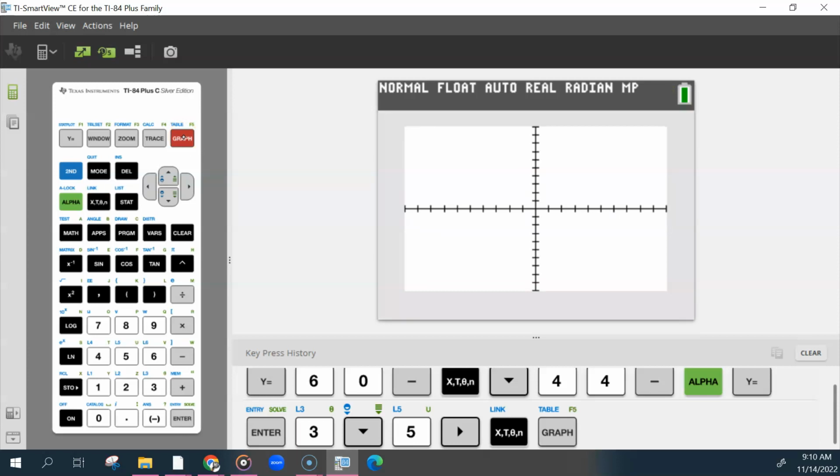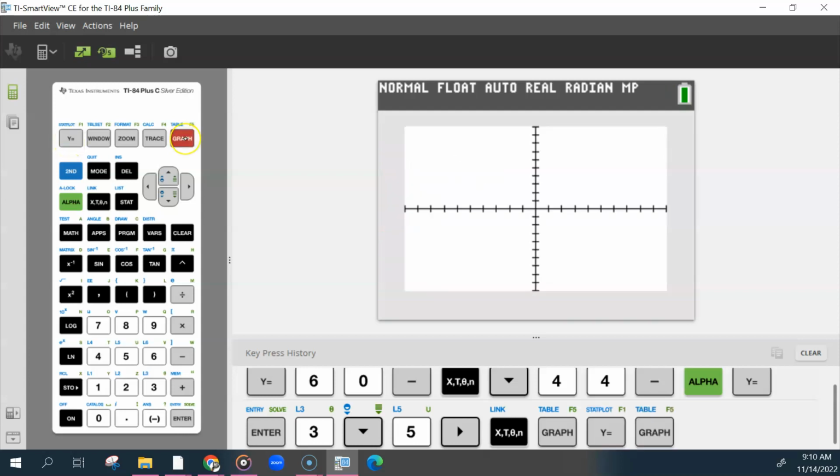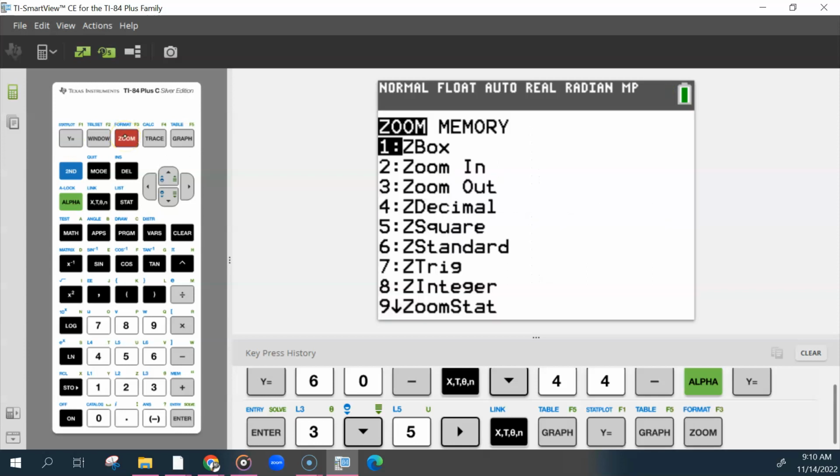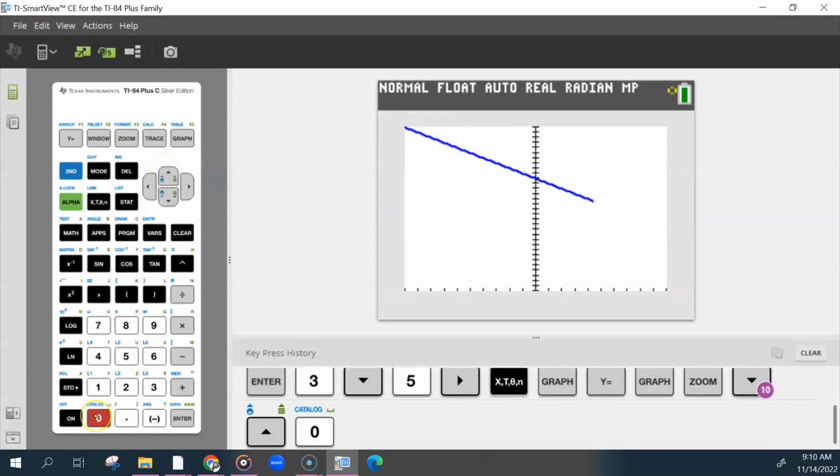If you don't see your graphs, like mine didn't show up, let me also make sure that it was on. You may need to zoom out. So I'm going to go to zoom and then find zoom fit, which is 0.